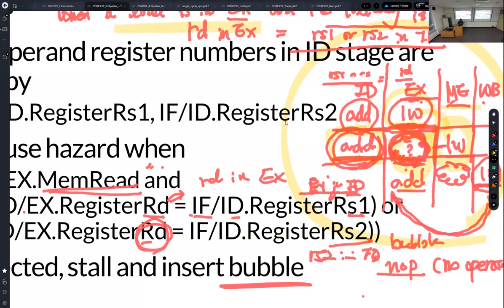So we need to add a no operation, which is called a bubble, and the add instruction stays in the ID stage. Obviously, the following instruction in the instruction fetch stage is also stalled, because this is a pipeline.